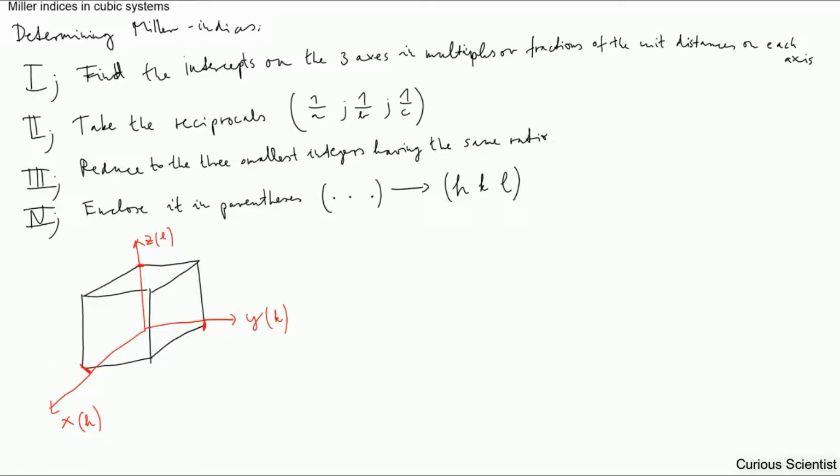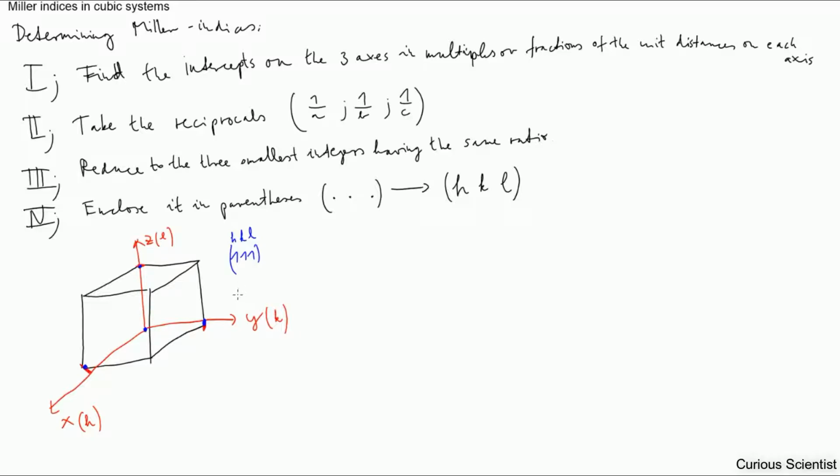So for example, if we want to draw, let's say 1, 1, 1, then we do the following. We start from 0, 0, 0, right? And then this is H, so we move 1 on the H axis. And then K, we move 1 on the K or Y. And then L, so we move 1 on this.